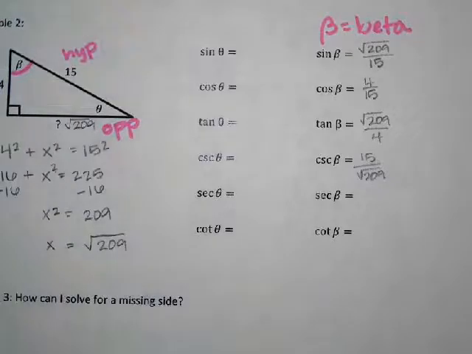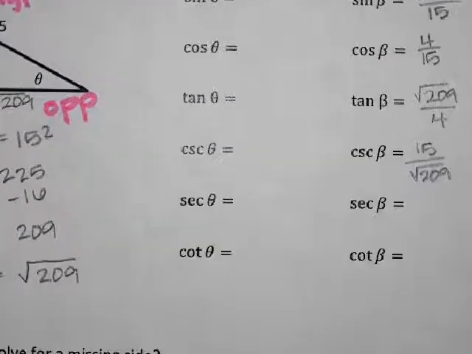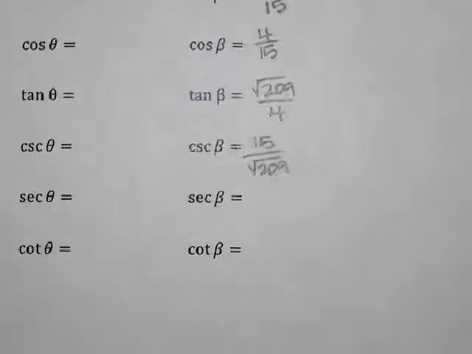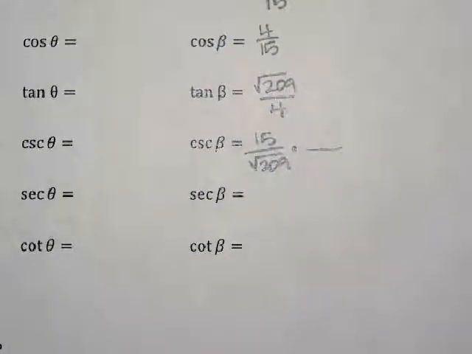This is going to be a flashback to Math 2. Anyone remember how we fix something like that? It's been a minute. You multiply by a fraction. The fraction is equivalent to 1, so the fraction is the same thing on the top and the bottom. It'd be root 209 over root 209.